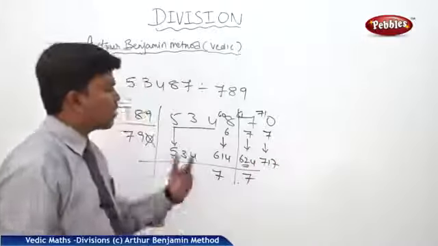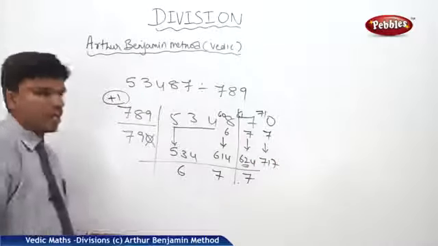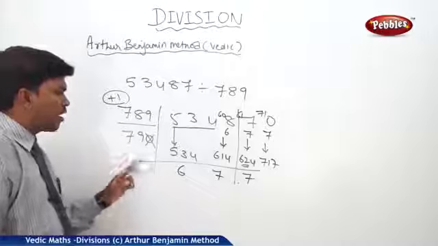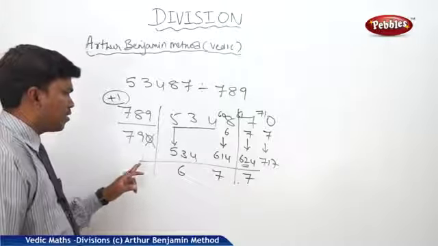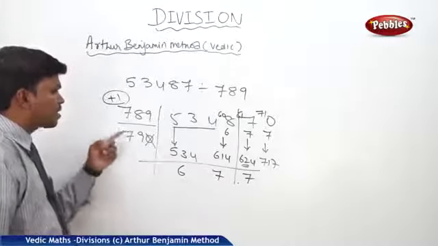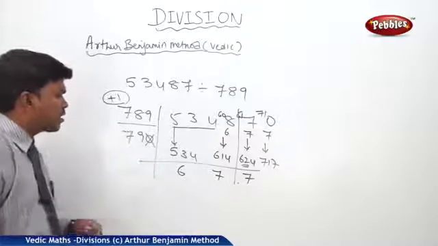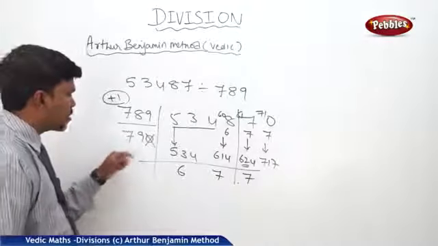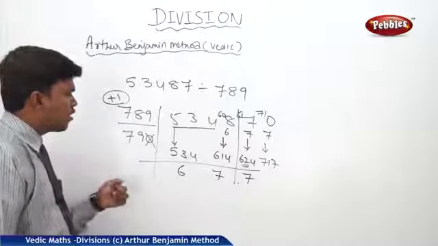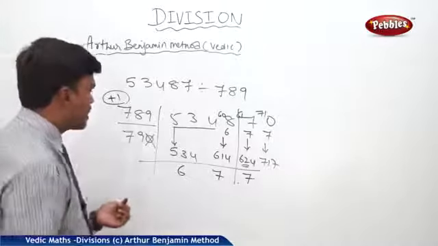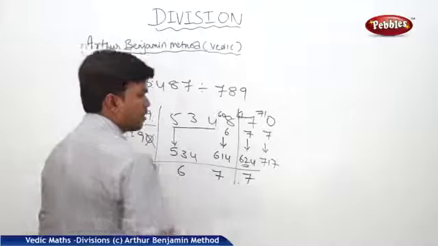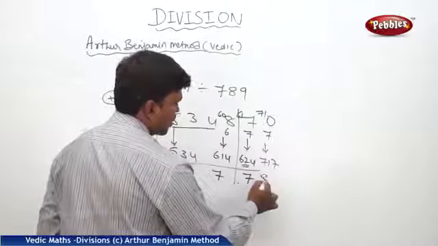770. Now this time how many times does it go? I think 9 times. Is it? Let us see. 9 7s are 63. 630 plus 81, that is 711. Yes, it goes.